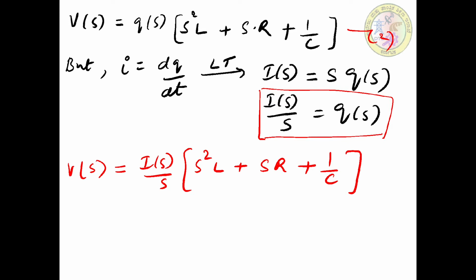So therefore this can be further written as, we can multiply I of s by s with the individual term here. We will see that the s term is going to cancel.